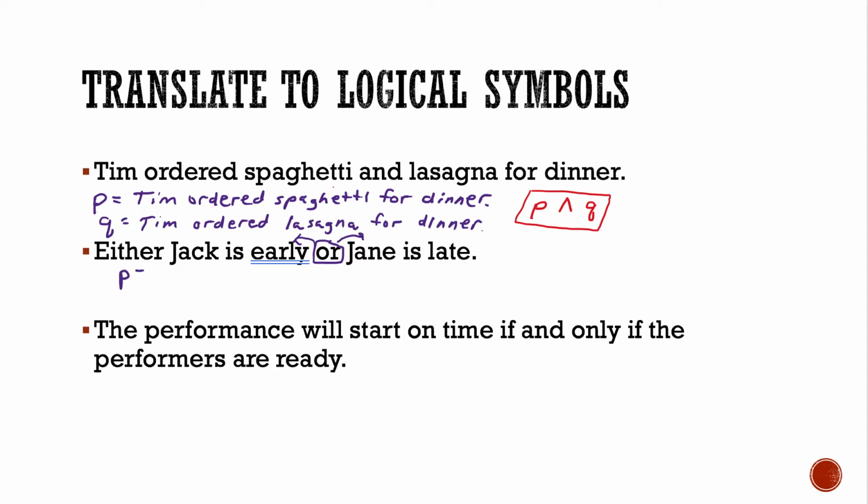So P, the first simple statement, to the left of the connective is Jack is early. And the second simple statement is the Q, and that's going to be to the right of the connective, and that will be Jane is late.